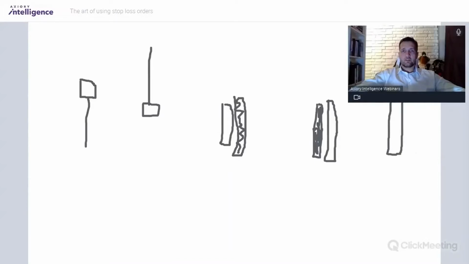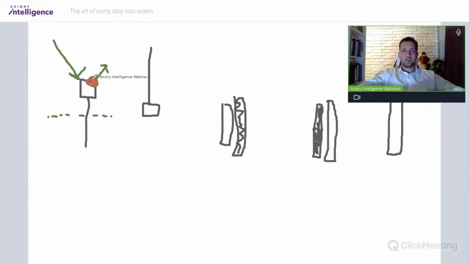We talked about those candles. In the hammer, price drops, finds a hammer on a support, and then after the hammer is finished, you can buy.